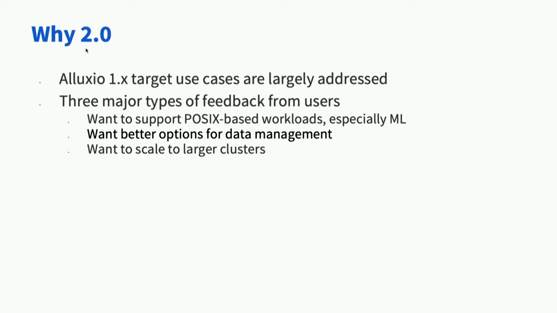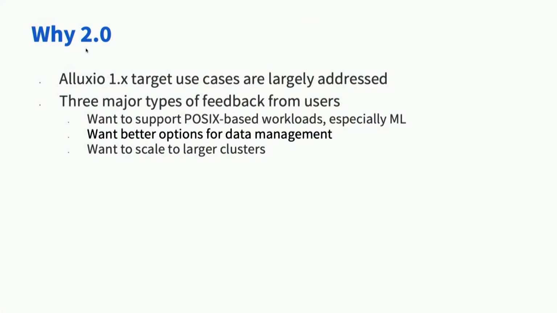First, they wanted to run more workloads on Alluxio. For Alluxio 1, primarily workloads resided in the Hadoop ecosystem. So people were using the HDFS interface, like MapReduce uses the HDFS interface. But now with the rise of machine learning and AI workloads, a lot of people wanted to run things that actually interacted with a POSIX file system. And those did not work very well with Alluxio.